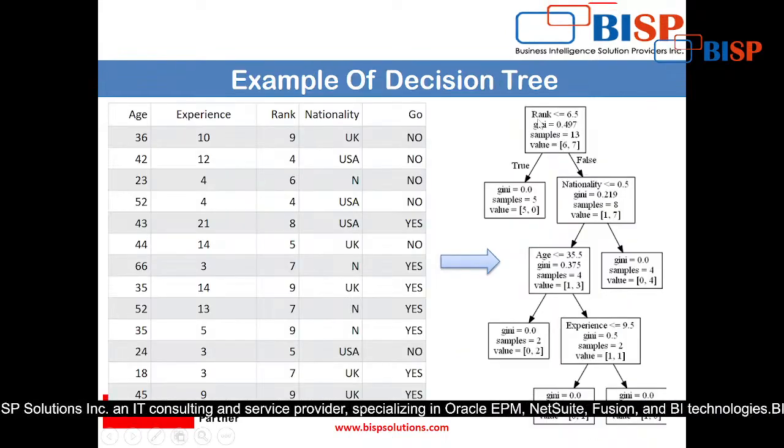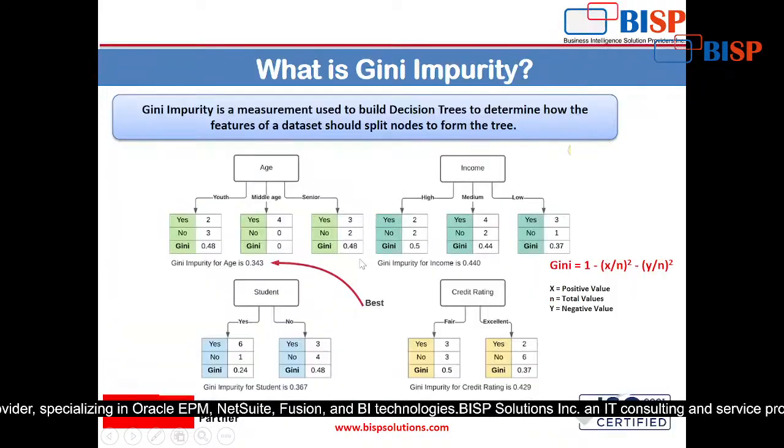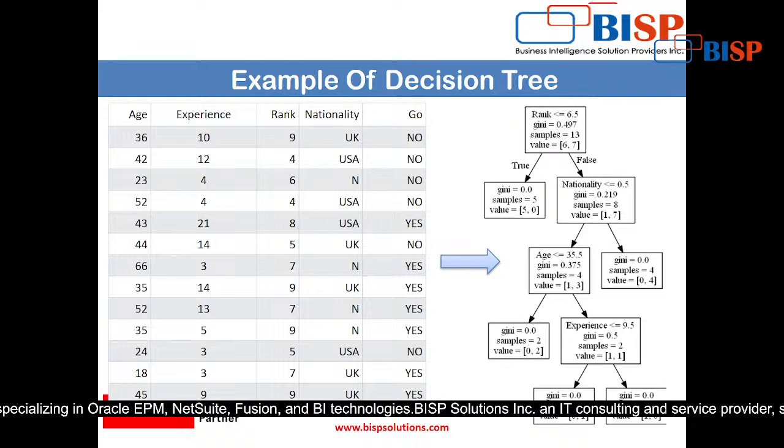Now an example of a decision tree, let me show you one example. Age 36, experience and rank and nationality and go, right? Here is an example taken. Now see here, how many are no and yes, based on the ranking, nationality, experience, for example age.